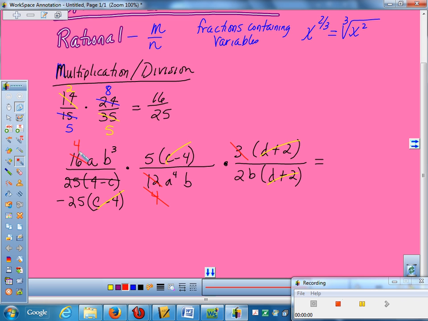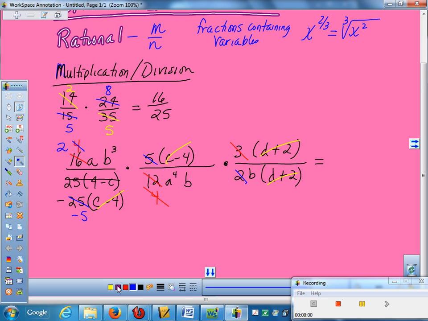Out here even farther, I have this 2 could cancel into that 4, which would leave me with 2. Ah, 5 and 25, yes. 5 and 25 would leave me with that negative 5 still there.